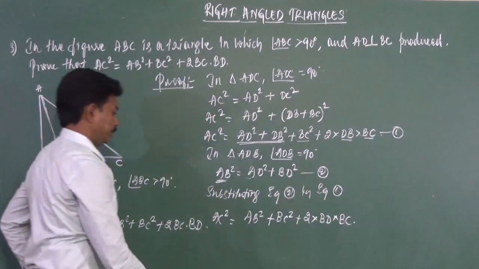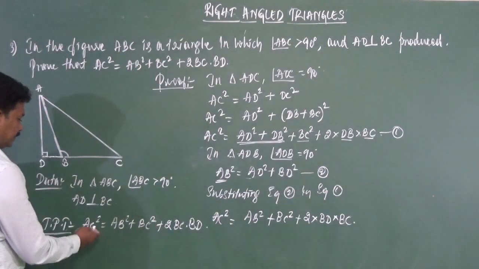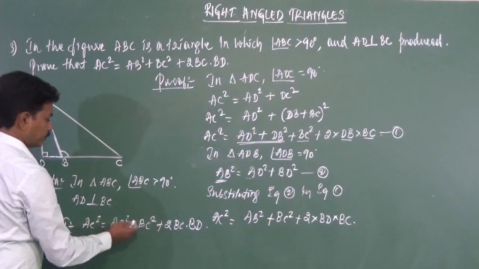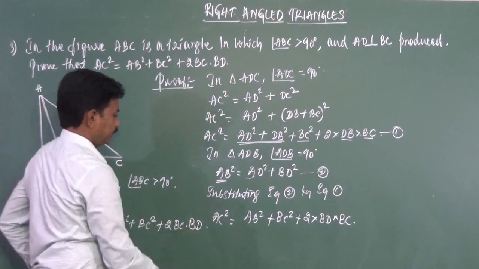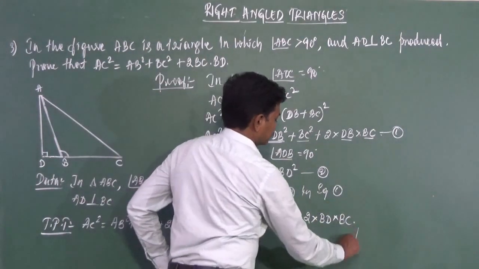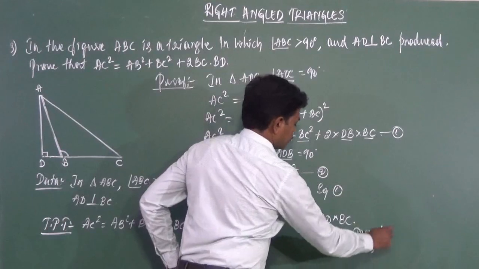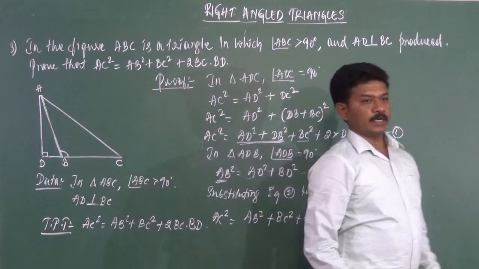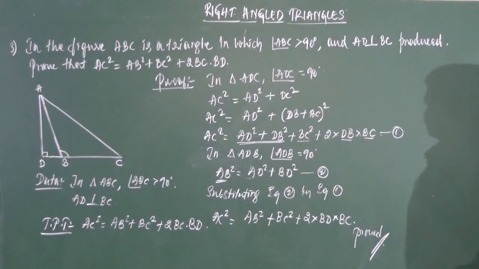So I hope this is what was to be proved. Yes, AC square is equal to AB square plus BC square plus 2BD into BC, right? So hence it is proved. It's a very simple 2 marks question.